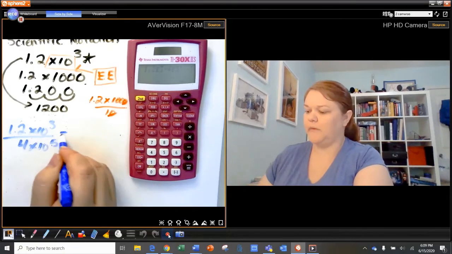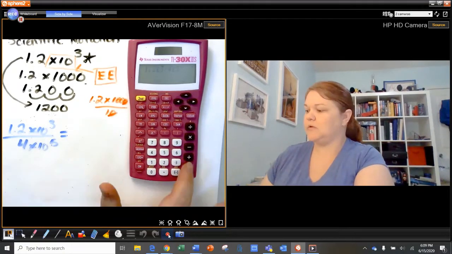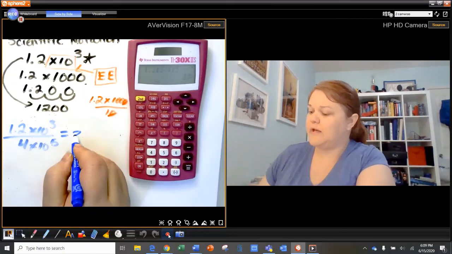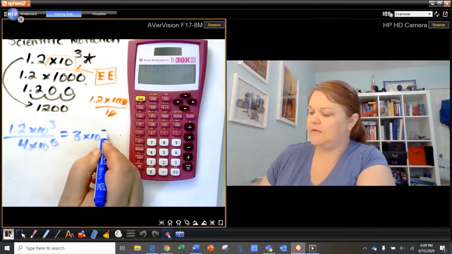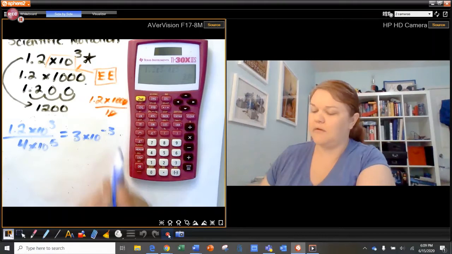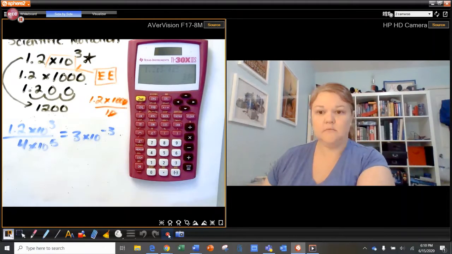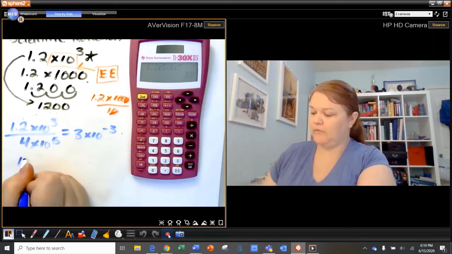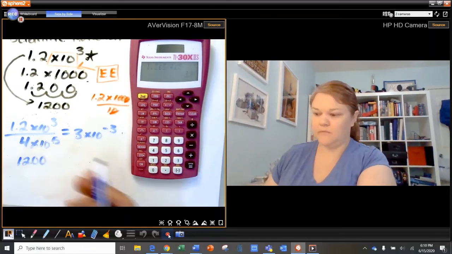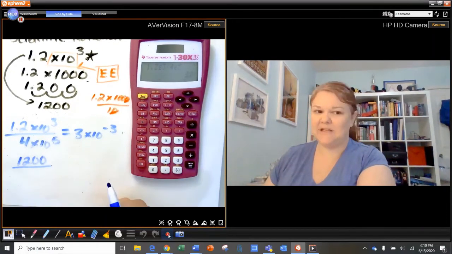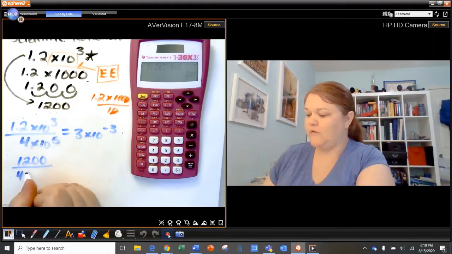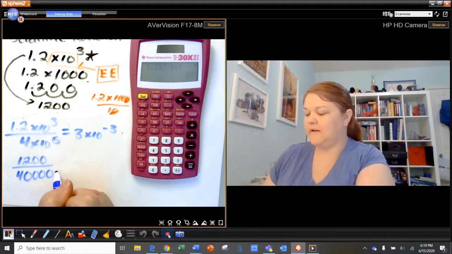All right, we want to know what that equals. So we're going to hit enter, and it's going to pop it out in scientific notation. We get 3 times 10 to the negative third. Well, let's think about what this means. We've really got 1,200 divided by 4 times 10 to the 5th power. So that's 4, and we're moving the decimal 5 places, so we're really adding 5 zeros to it.